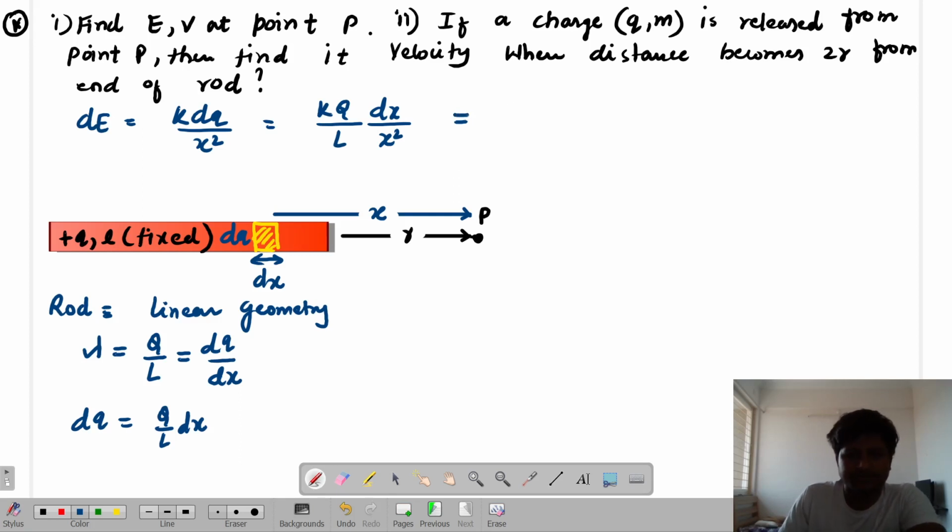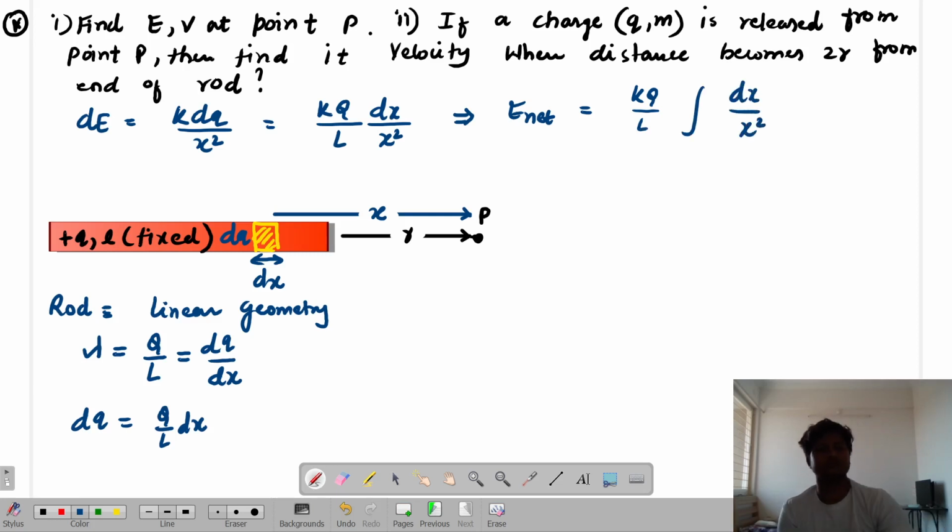So if I want to find E net at point P, there are so many dq's. So the electric field E net will be the integration of all these quantities. So the integral of kQ by L comes outside, and the integral of dx by x square. But x varies from where to where?